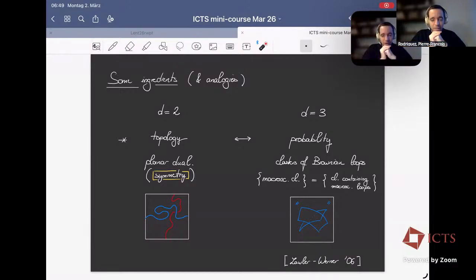Okay, but of course this exploits in a fundamental way the property that you can identify your clusters as being clusters in a Brownian loop soup, and this Brownian loop soup idea goes back to a paper of Lawler and Werner from some time ago. Okay, so that's one thing.